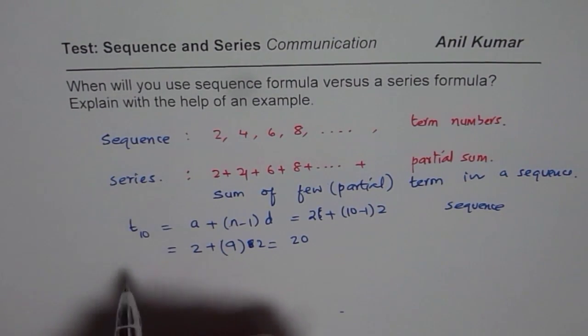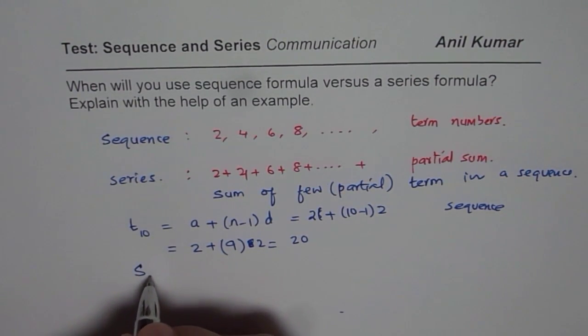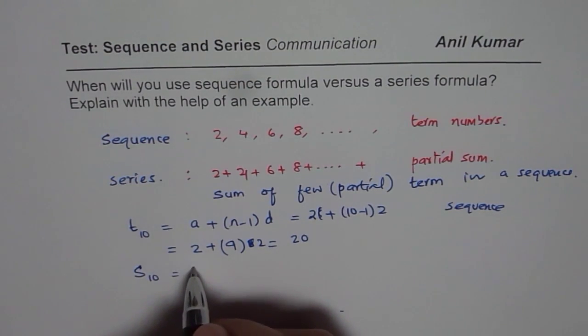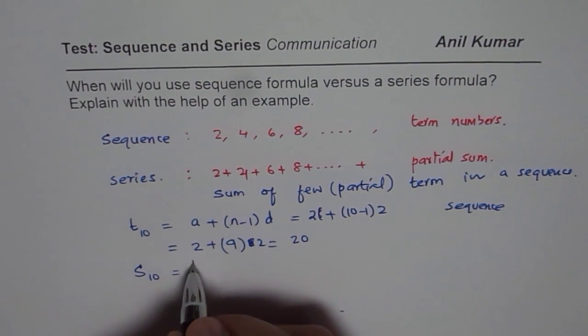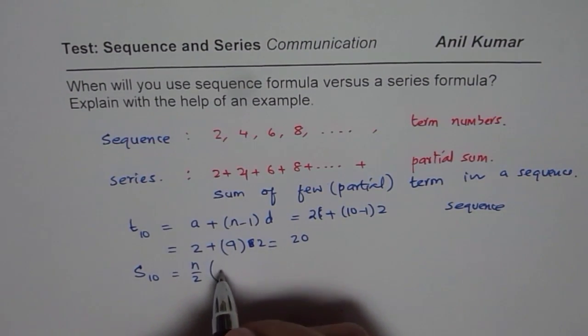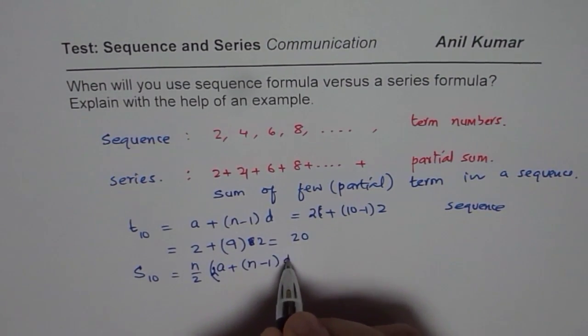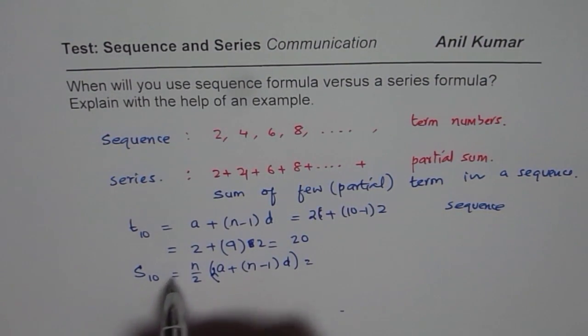As far as series is concerned, we'll say what is the sum of first 10 terms. So that is how it is kind of different, right? What is the sum of first 10 terms? Then we'll say, well, the sum of first 10 terms, the formula is n over 2 times 2a plus n minus 1 times d, right? That's the formula. So we'll say n is 10.